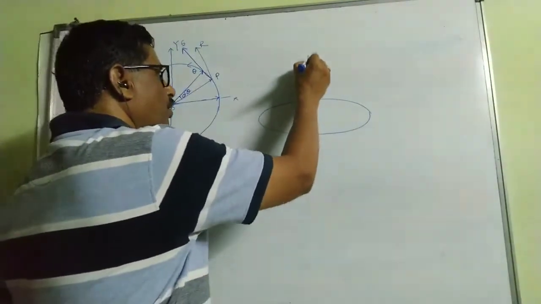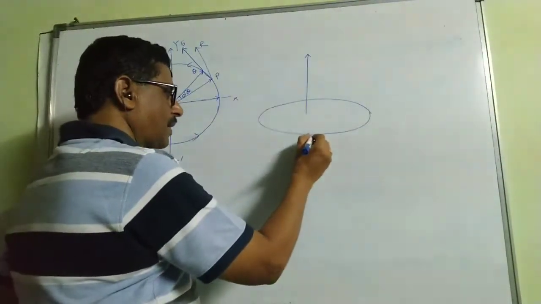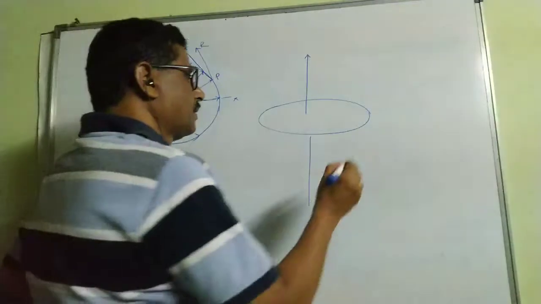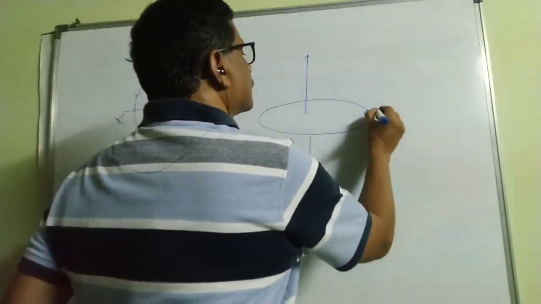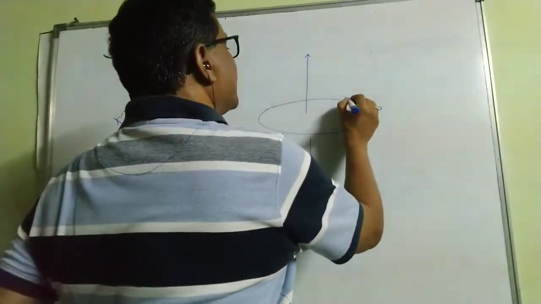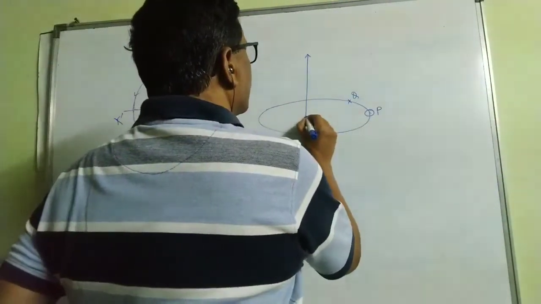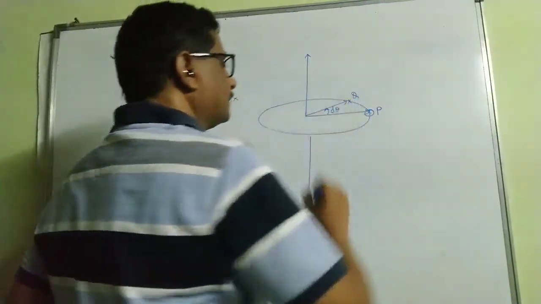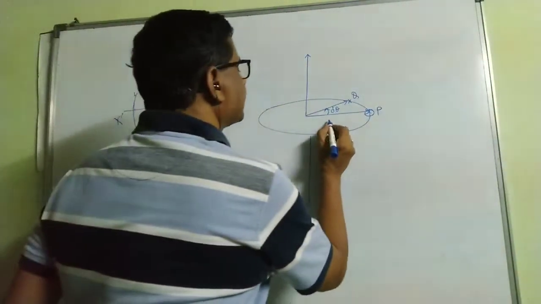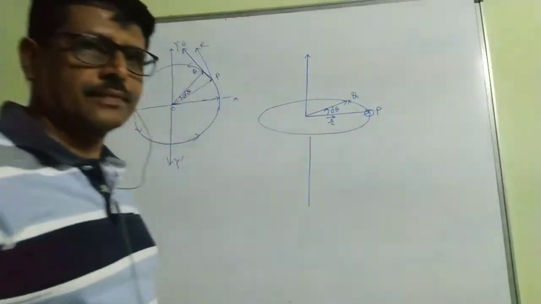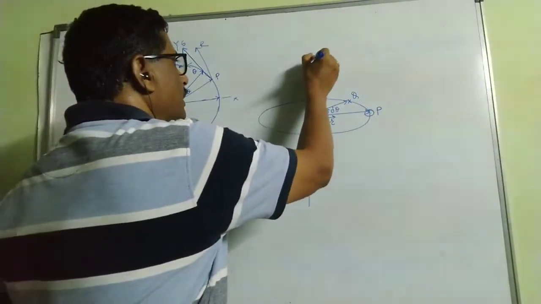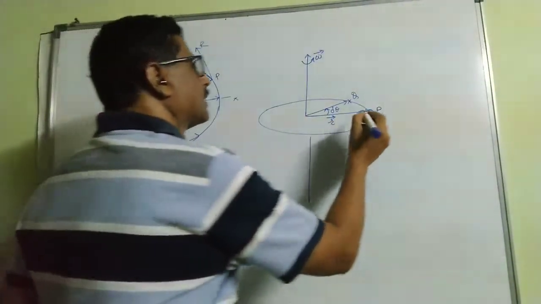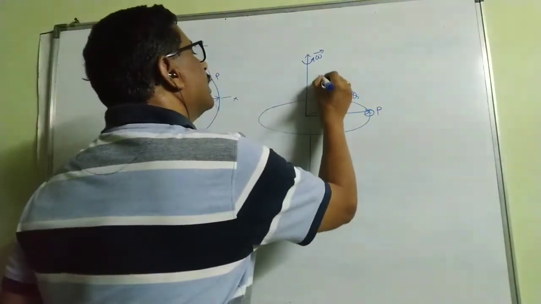This is the axis about which the particle is performing rotational motion, and the particle is displaced from P to Q with the angle traced by the radius vector del theta. This is the radius vector R. This is the angular velocity with which the particle is revolving, and this is the tangential velocity at point Q.